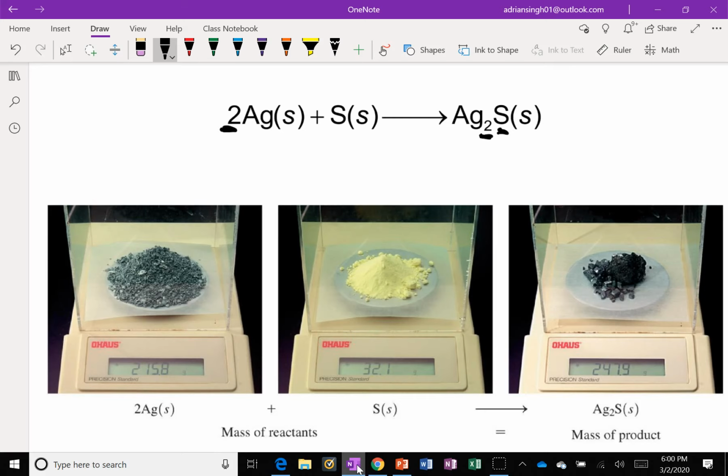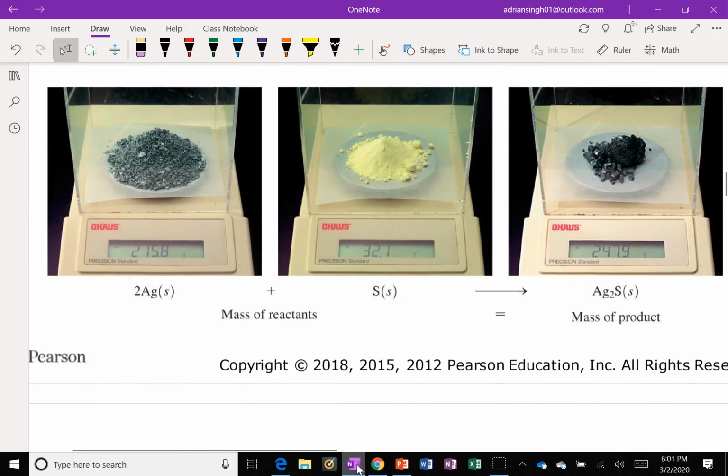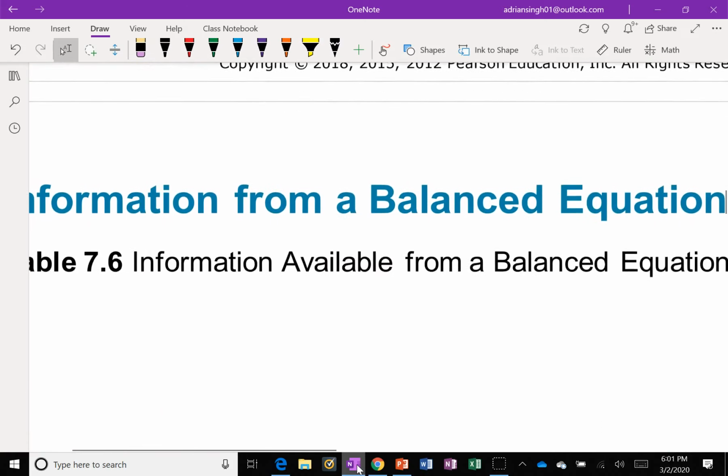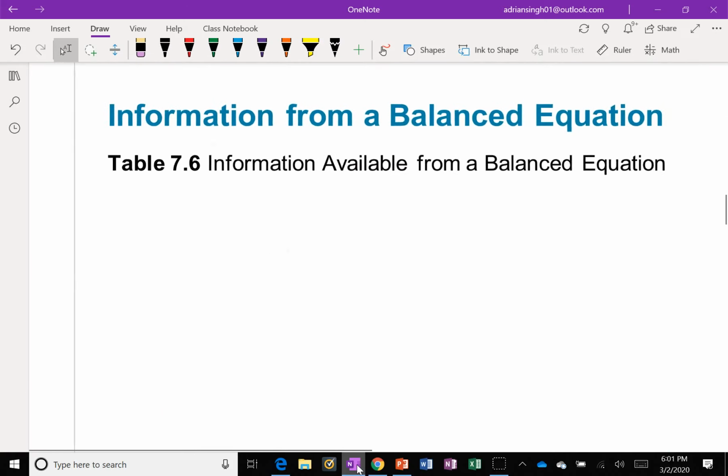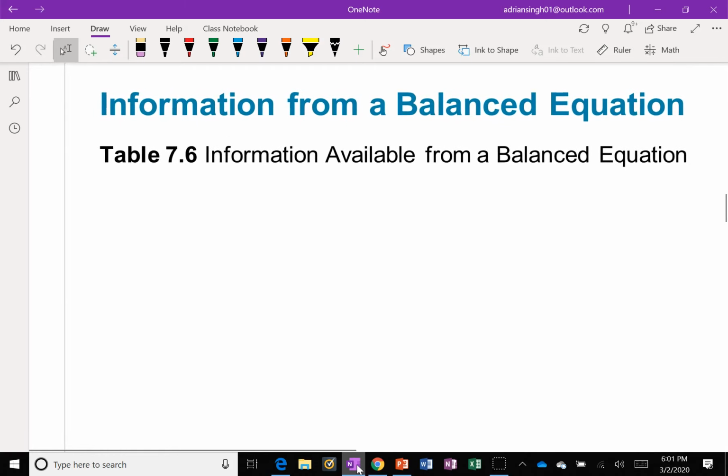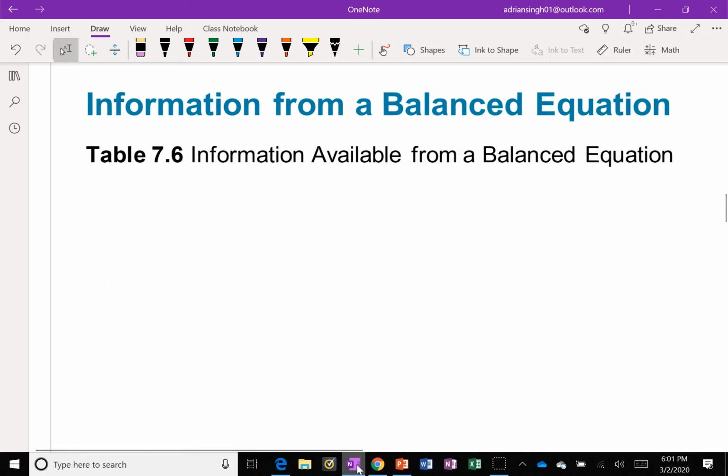So we haven't lost any of those atoms, and we haven't gained anything extra either. So when we put those coefficients in, in addition to not violating the law of conservation of matter, they gave us an idea of the relative number of atoms or molecules involved.